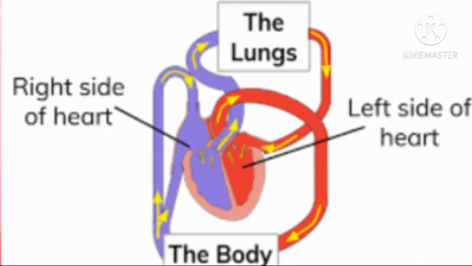This is called the systemic circulation. So the blood circulation is completed, and the blood passes through the heart twice, once when it is deoxygenated, and the second time when it gets oxygenated. That's why it is called a double circulation.